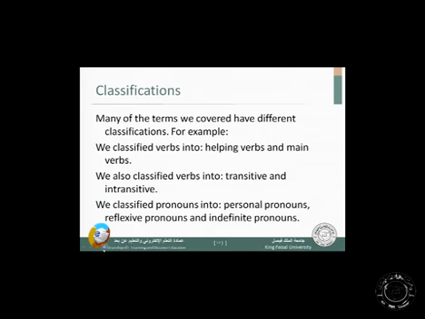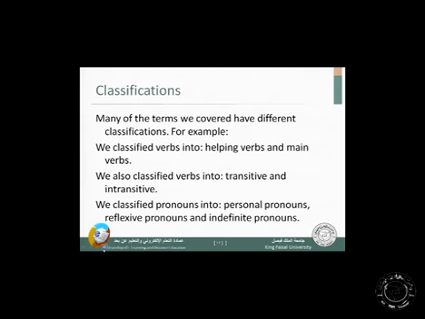So these are all classifications. We mentioned types for each term that we talked about. So I might ask you about these classifications, and I gave you examples for each type and each classification. So I might ask you about the classifications themselves, or that you identify a word or a phrase and you classify it yourself into one of these classifications.